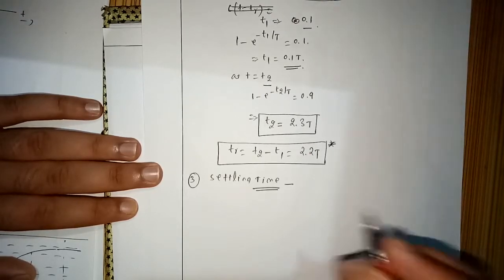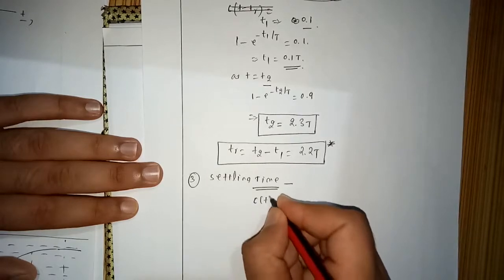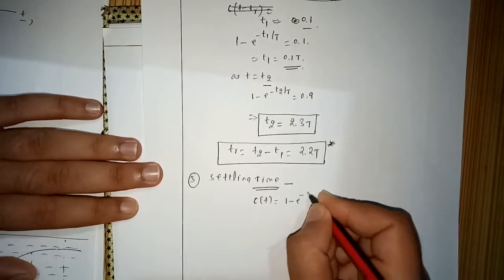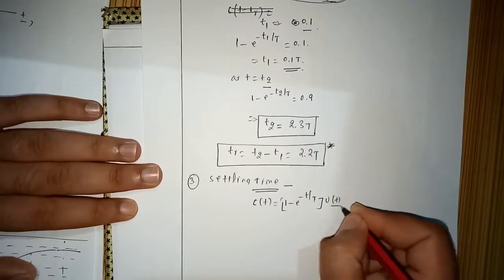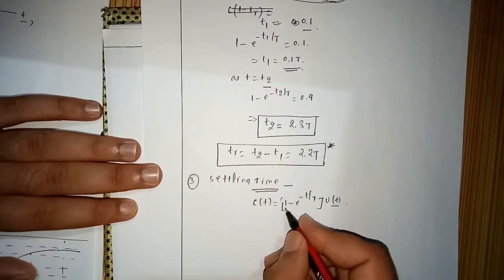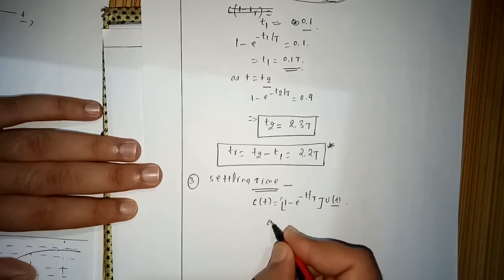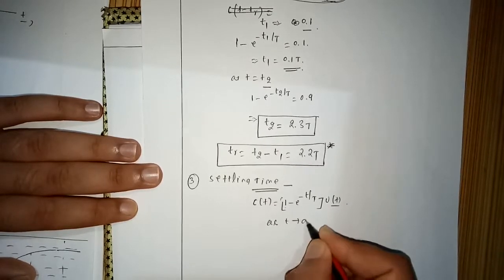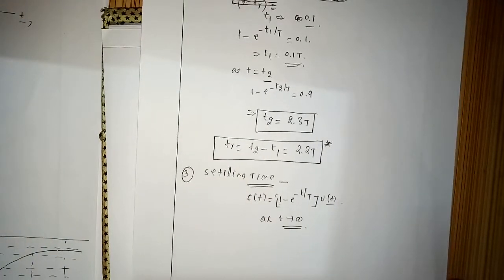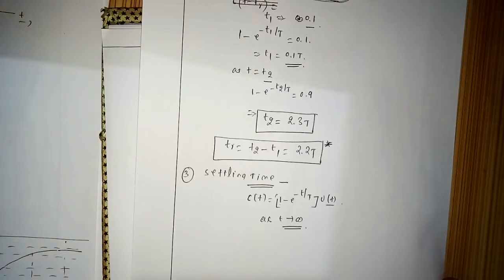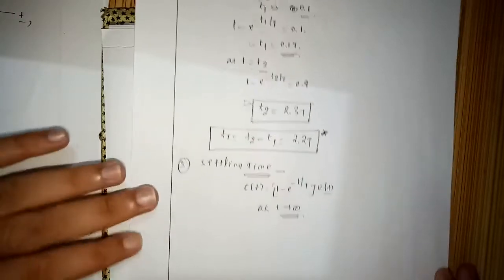But we have seen Ct comes out to be 1 minus e to the power minus t by T multiplied by u(t). So the final value 1 will be attained as t tends to infinity, but that is not practical. Time tending to infinity means the transient will not die completely, but we need to have some permissible value.